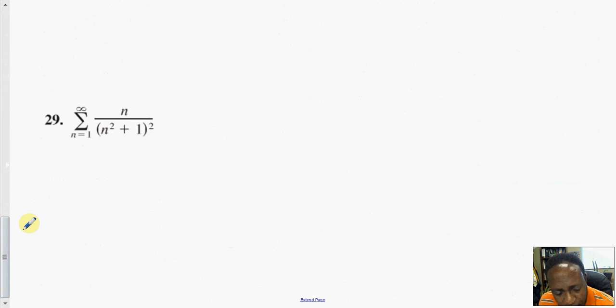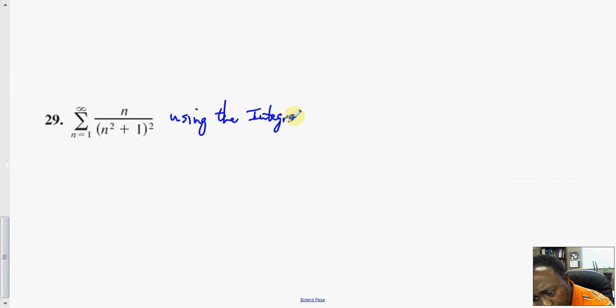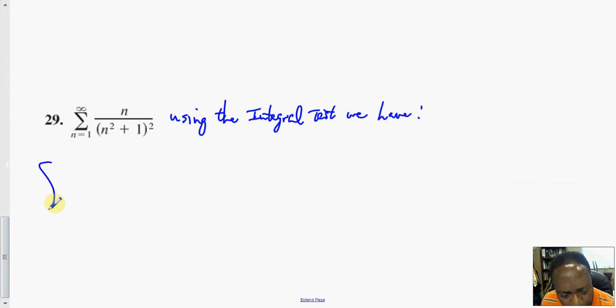Let's use here the integral test. So here we have the integral of x over x squared plus 1 squared dx. Here x goes from 1 to infinity.